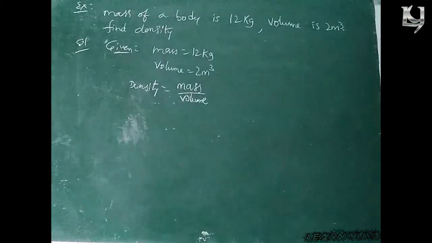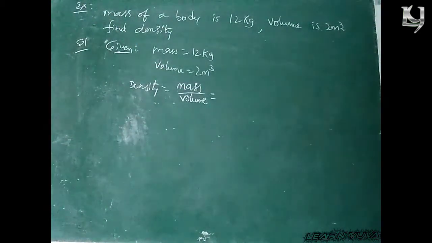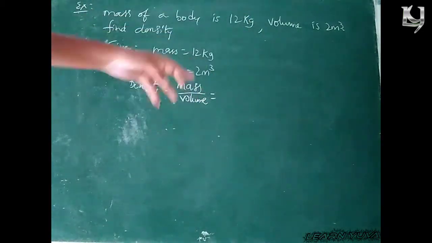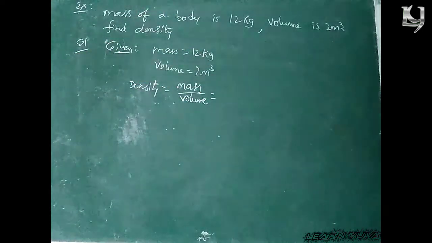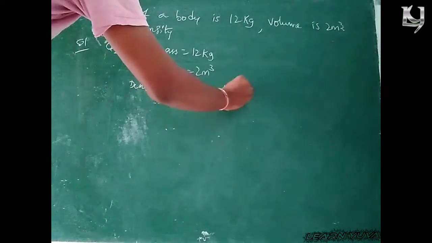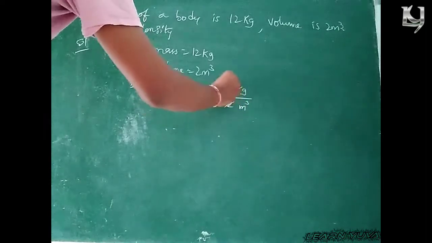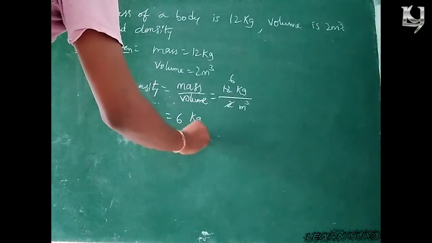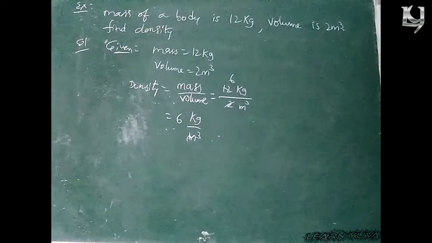Here we have to check, as I already said, whether the given data is in the same system of units or not. So kg is an SI unit, meter cube is an SI unit. Both are in the same system, so we can do that problem directly. So mass by volume, 2 meter cube. So 6. What is the density? 6 kg by meter cube. In this way we can do this.